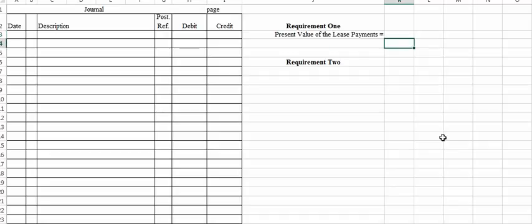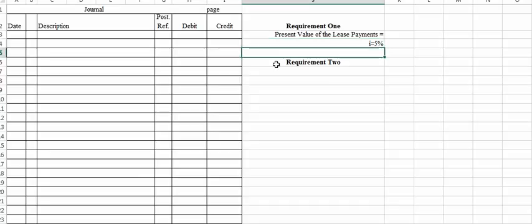Okay, if the interest rate is 10% annually, then it's 5% every 6 months. So what we're dealing with here is an interest rate equal to 5%. And how many interest payment periods?